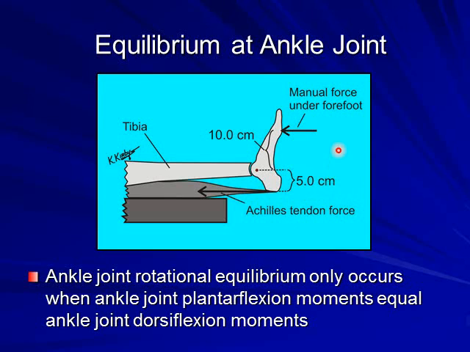And what we're going to be doing is checking ankle joint dorsiflexion by pushing with our hand underneath the forefoot. In this model, I'm giving you that there's a 10 centimeter moment arm between the place where we're pressing on the forefoot and the ankle joint axis, which is here, and also that there's a 5 centimeter moment arm between the Achilles tendon and its attachment on the posterior calcaneus to the ankle joint axis.